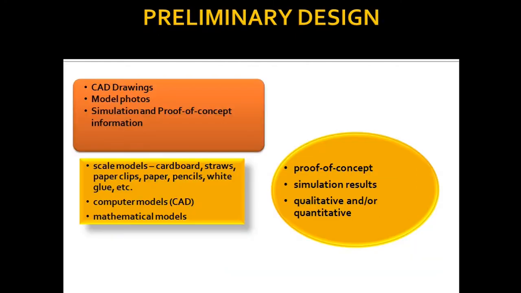And the primary design: when you are going to design the product, first of all you have to go for the primary design section. Maybe you can go for CAD drawing, maybe model photos. You may go for simulation and proof of concept information, or a computer model like CAD, AutoCAD, or CATIA V5, V6, or 3D SolidWorks.